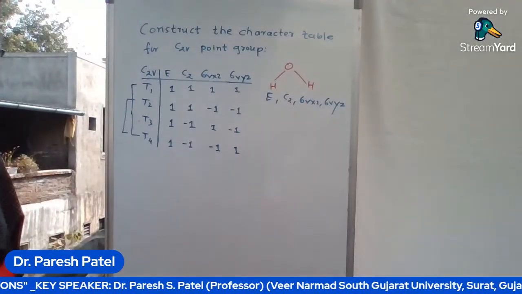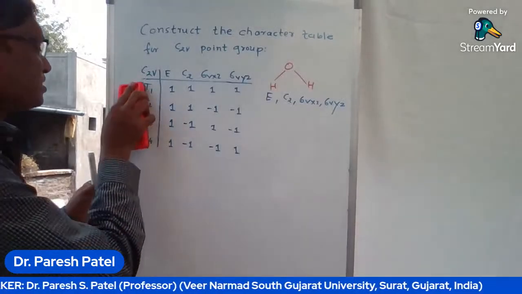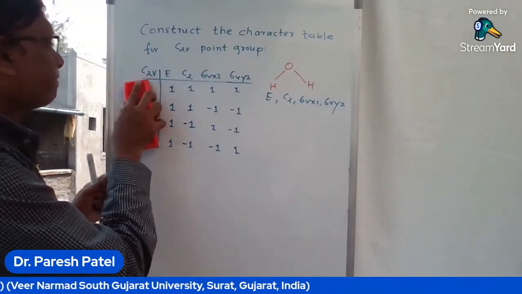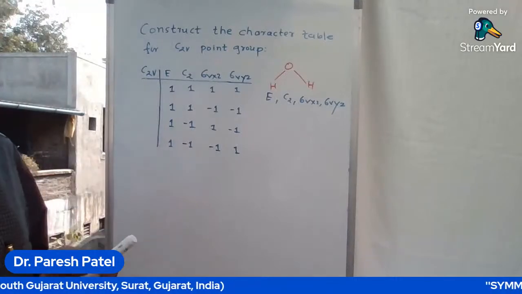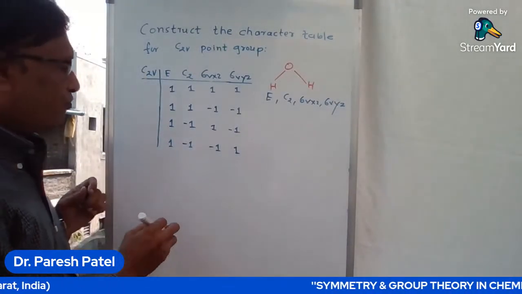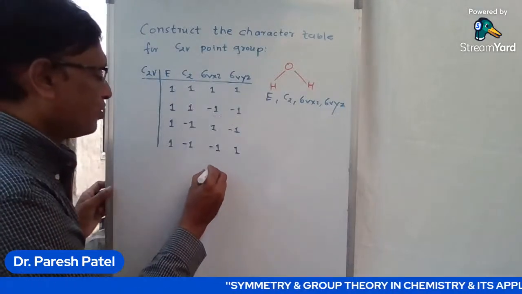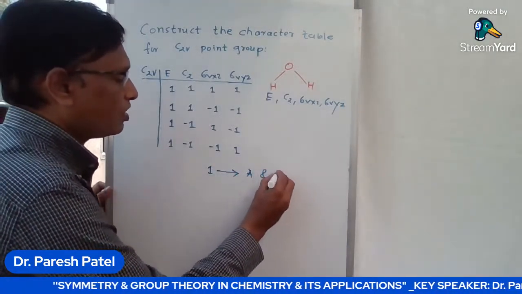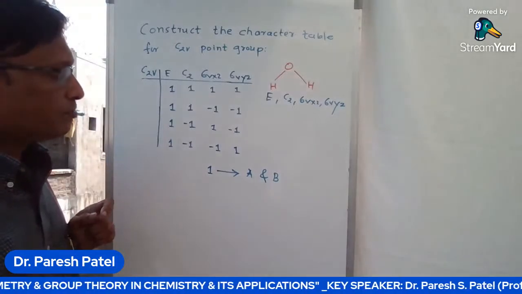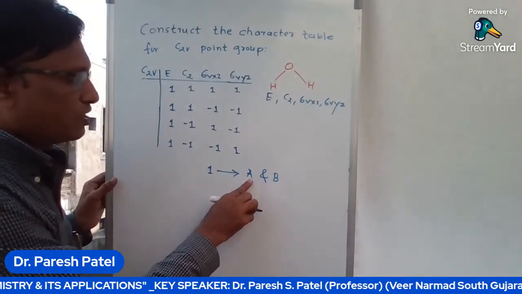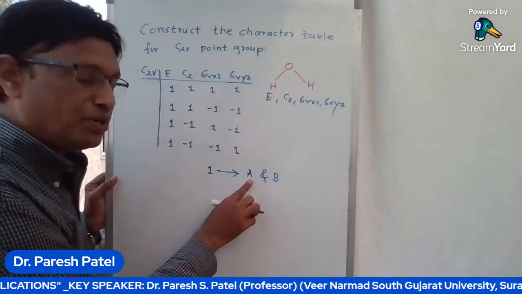So the remaining portion is the Mulliken symbols. Now how to get the Mulliken symbols? If any representation is one dimensional, then capital A or capital B can be used. If the value for the main principal axis is equal to plus 1, capital letter A can be used.